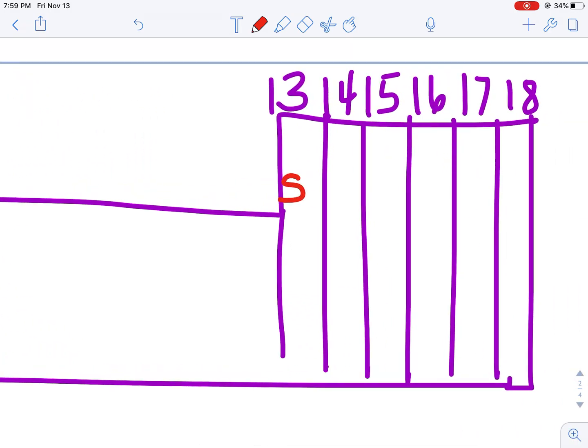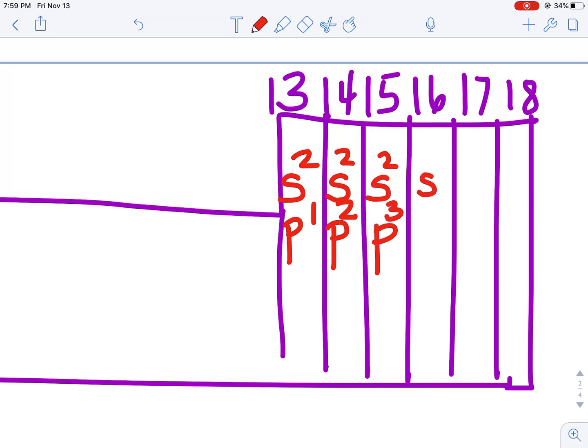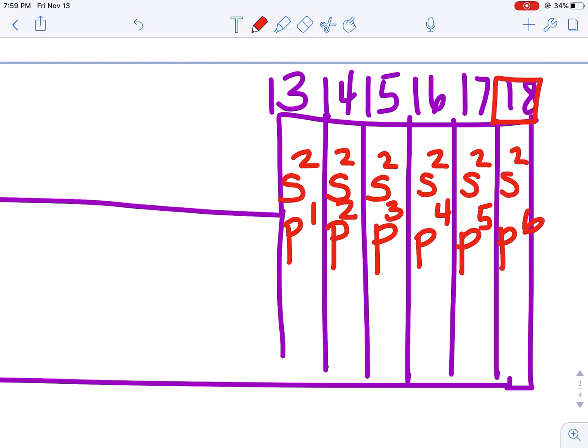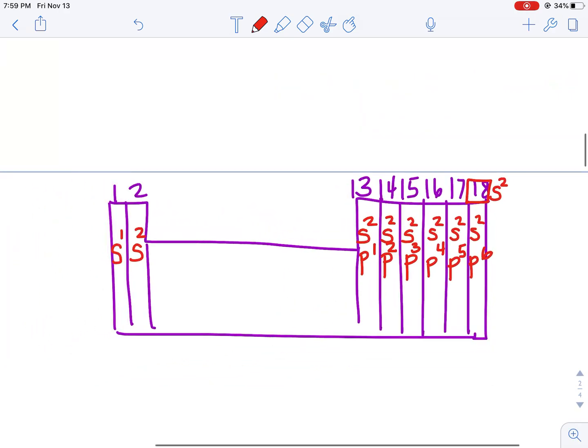My elements in group 13 will say S2P1. Group 14 says S2P2. And I'll continue down the list until my P block is all the way full. And remember that we do have helium up here, where helium's configuration is simply going to be the S2, 1s2.